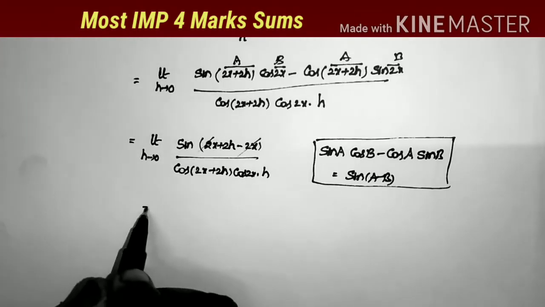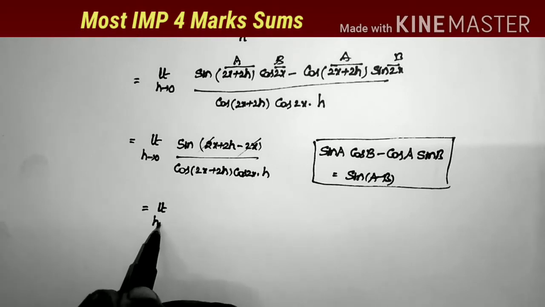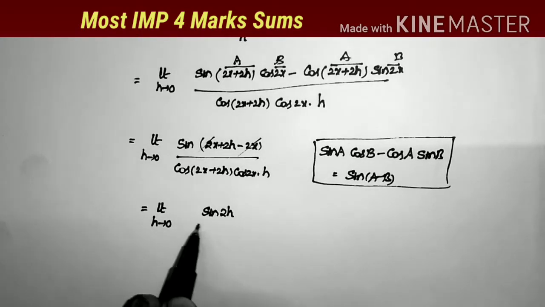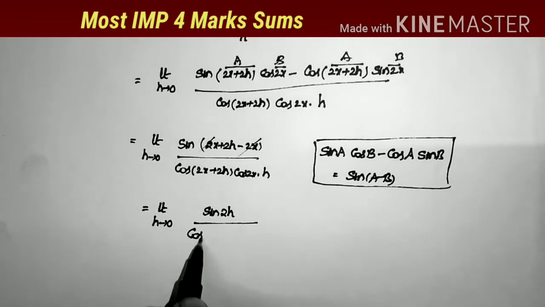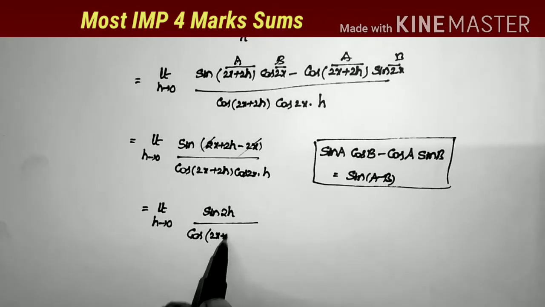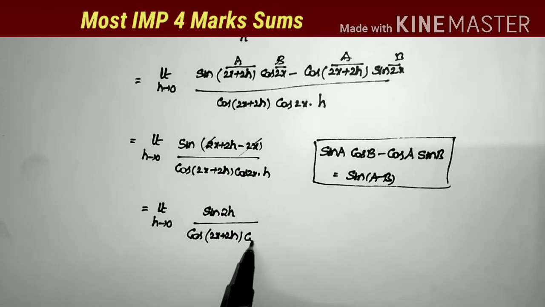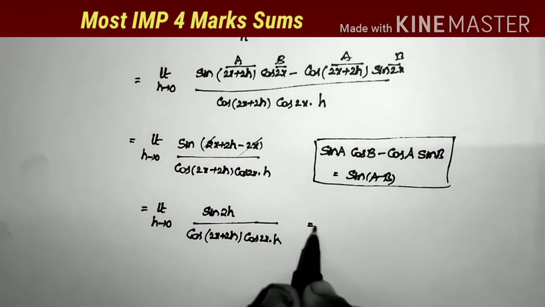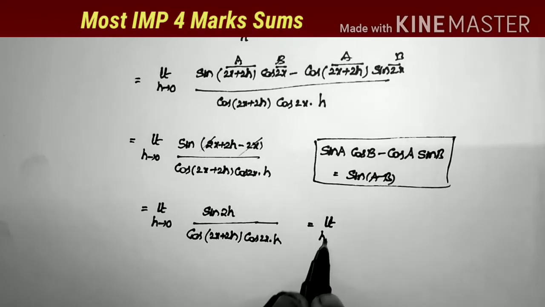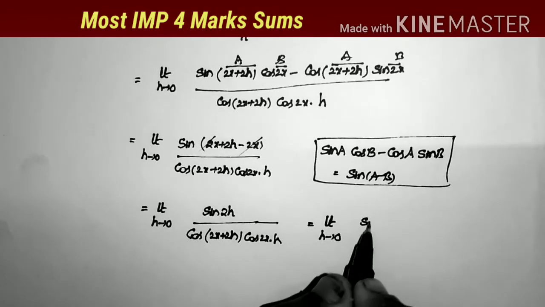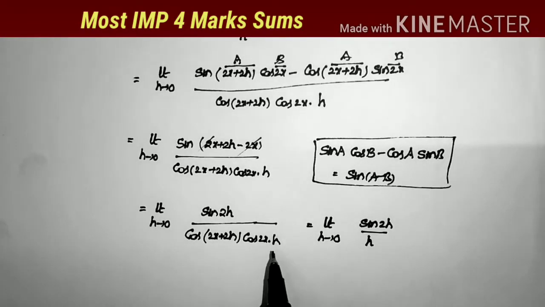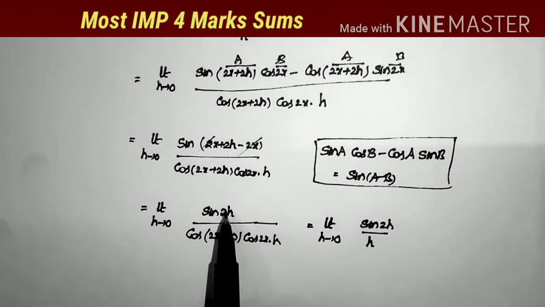So this is equal to limit h tends to 0 of sin, what is the remaining value, sin 2h, by cos of 2x plus 2h into cos 2x into h. Now we separate the terms like that. Always we separate the h in the denominator to go with the sin function.